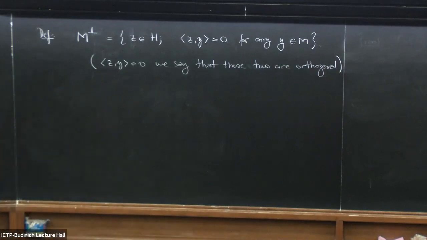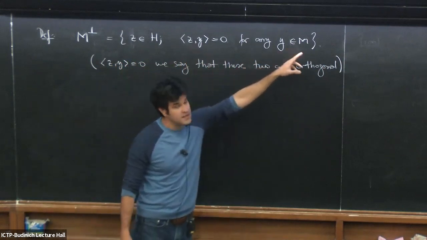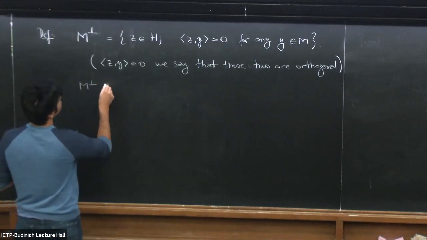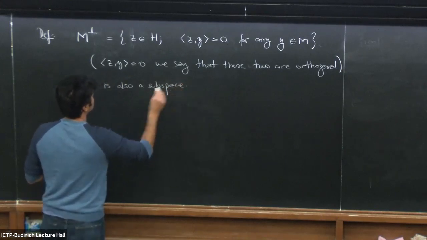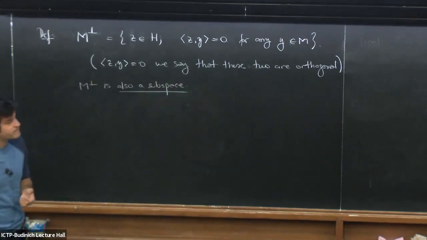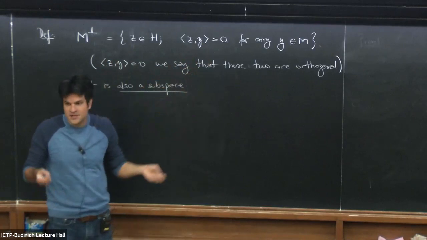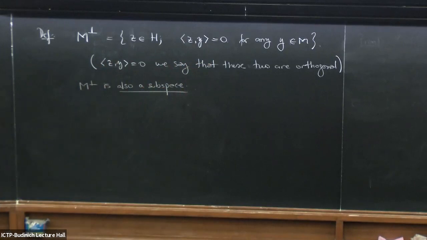If I fix a subspace M, the M perp will be the collection of points in my Hilbert space that are orthogonal to all the guys in M. So it's very easy to see that this M perp is also a subspace. Right? So if you take Z1 and Z2, if Z1 is perpendicular to all y, and Z2 too, of course, you can add them up and you can multiply by scalar. So this guy ends up being also a subspace. So in the representation would be perhaps something here, M perp if you want.